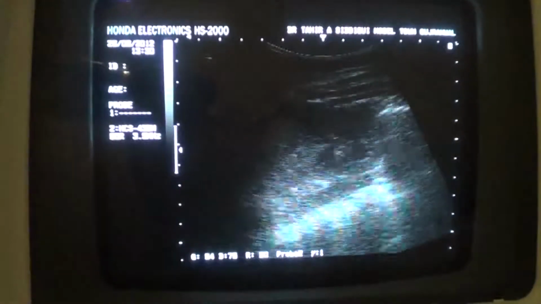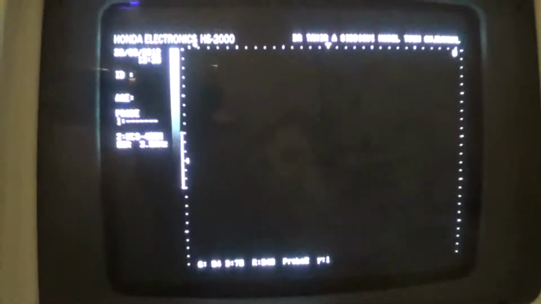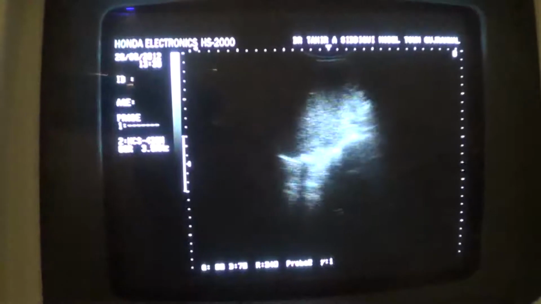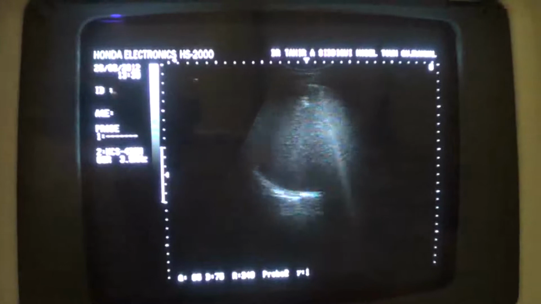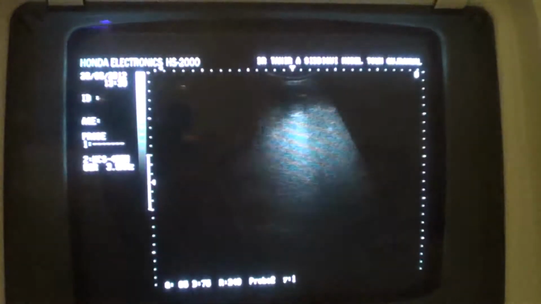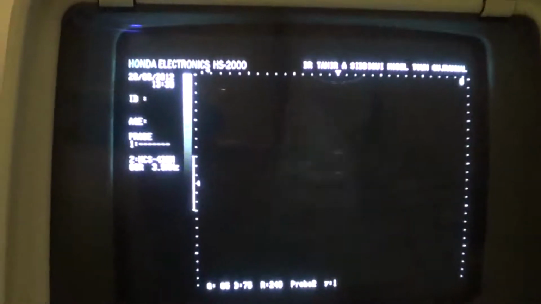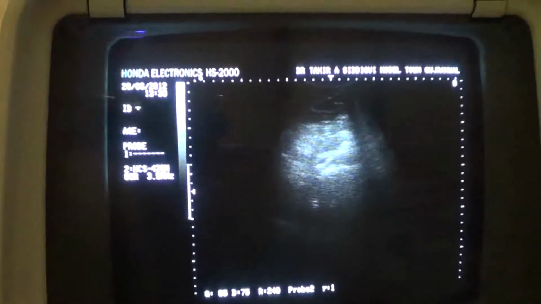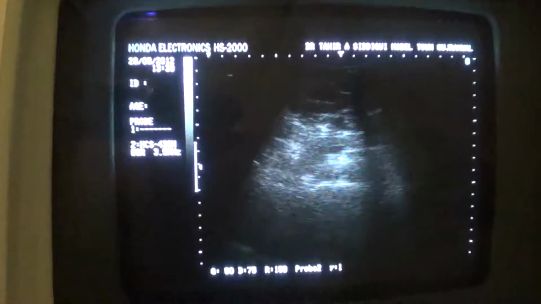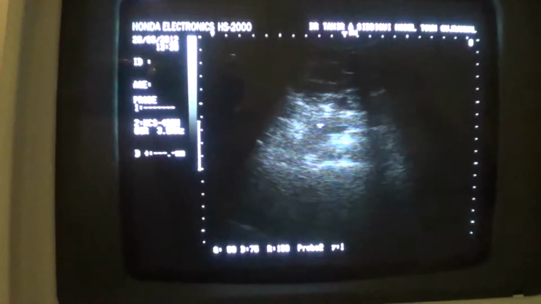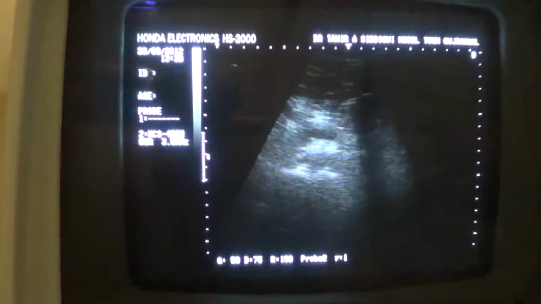So this mass does not relate to the kidneys, it does not relate to the gallbladder, and this is the pancreas. This is the band of the pancreas. So it's not relating to the pancreas.